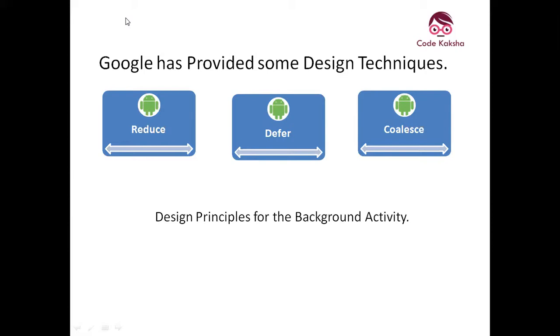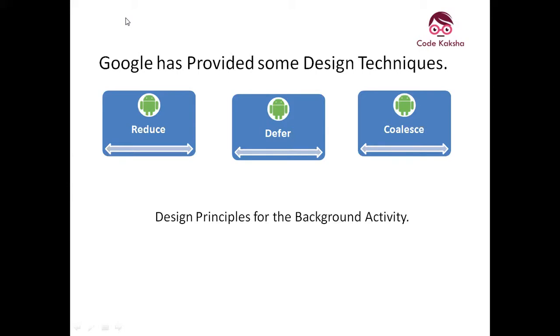First one is reduce. This means reduce all the background activities when the user is not actively using his cell phone. Only developers can do this, right? So when the user is not using his cell phone, we'll just reduce the background activities.